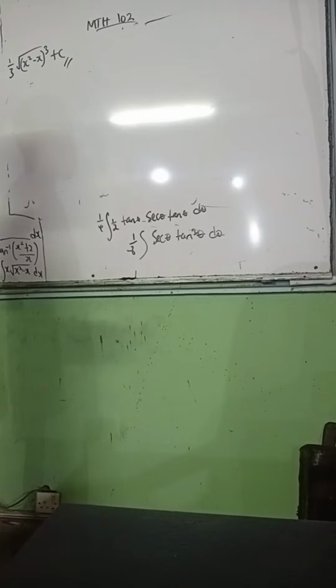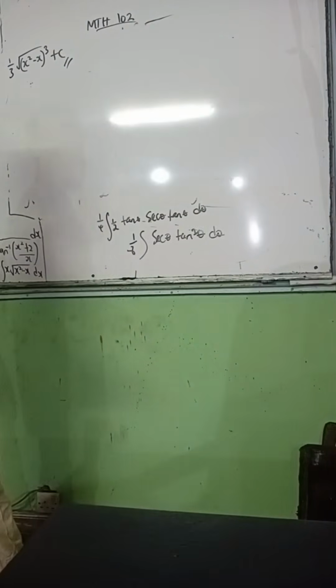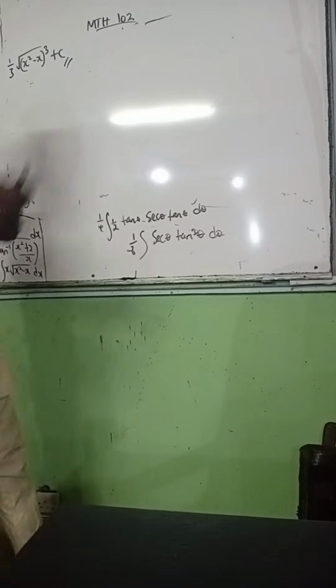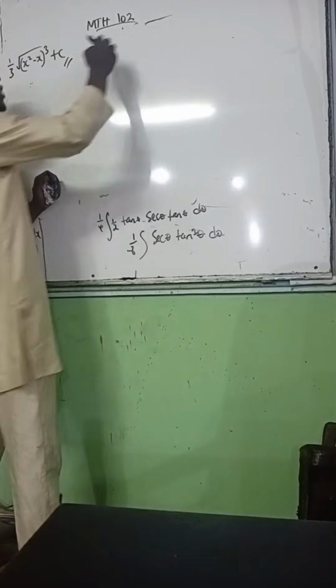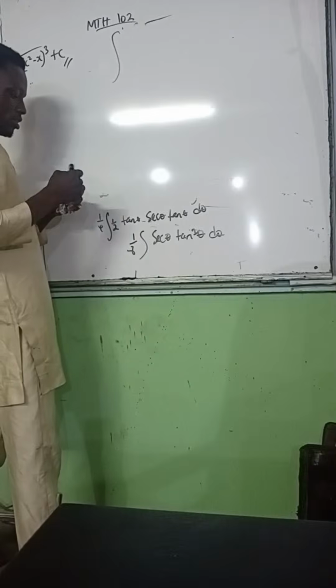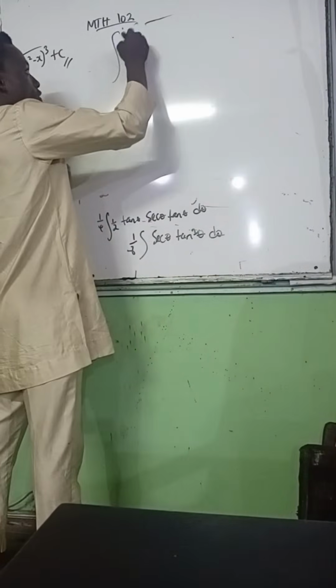Is it tan theta? I don't have enough space now to put it inside tan theta. I think we bring it in when we are using by parts. If we put it there, we can't solve it already. We still use by parts.